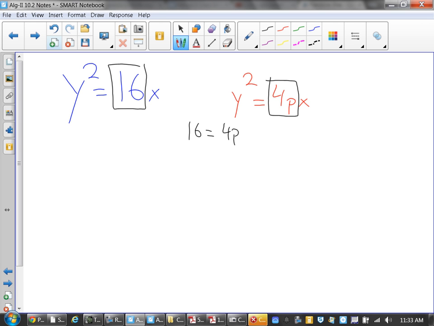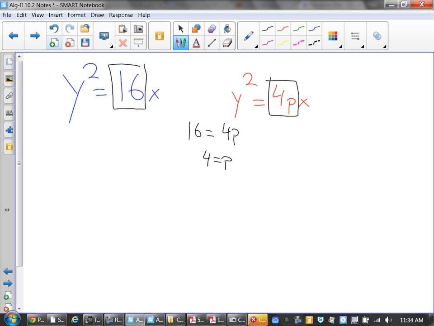The x is just a variable, correct? Think of the 4p as the coefficient. That p value comes out of the 16. So what's p? P is 4.